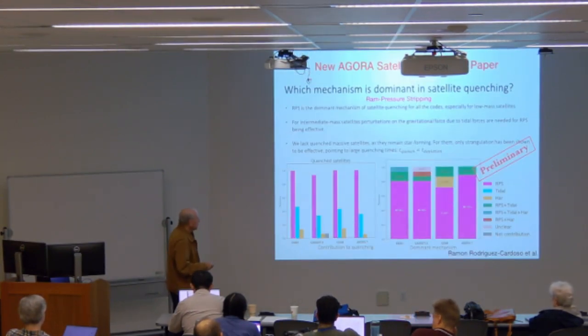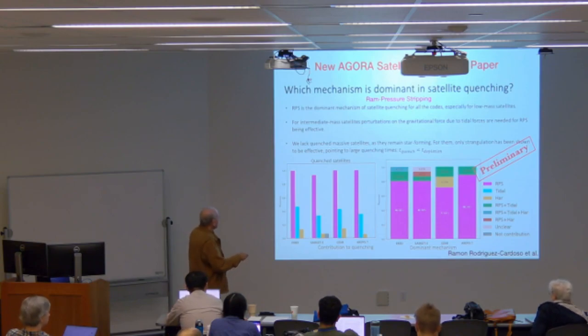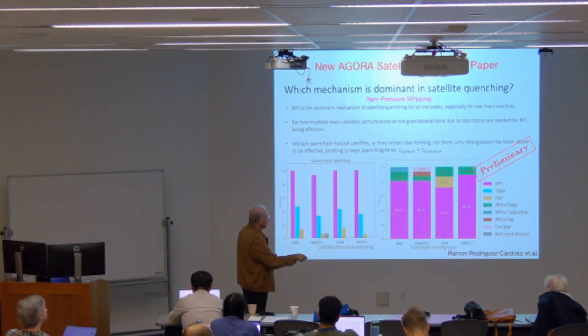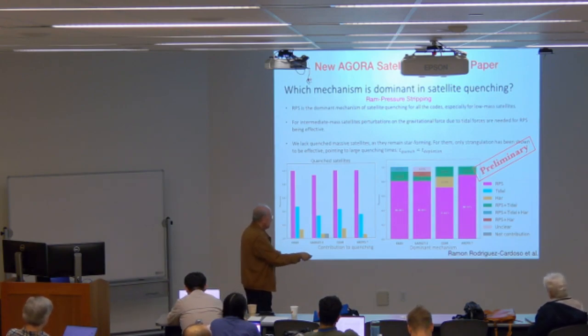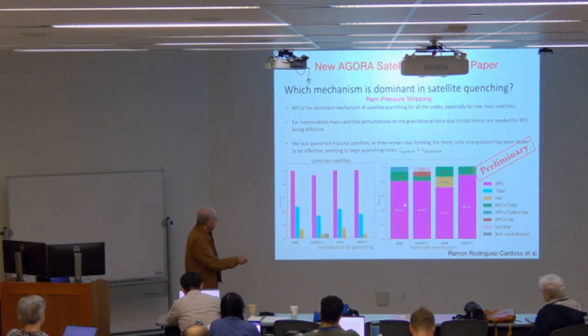Okay, the third of these papers in preparation has to do with what's quenching the satellites. And so a number of different things were included: ram pressure stripping, tidal interaction with the galaxy, harassment, which means interaction of the sub-halos of the satellite galaxies with each other, and combinations of these. And this is just analyzing four of the simulations.